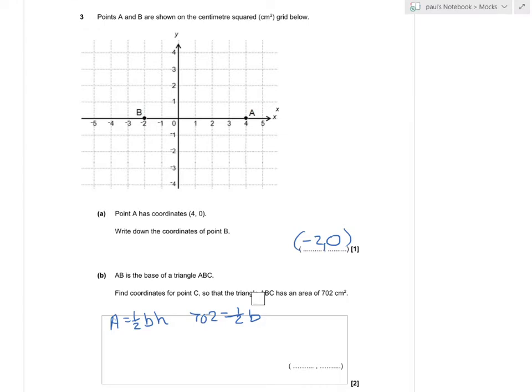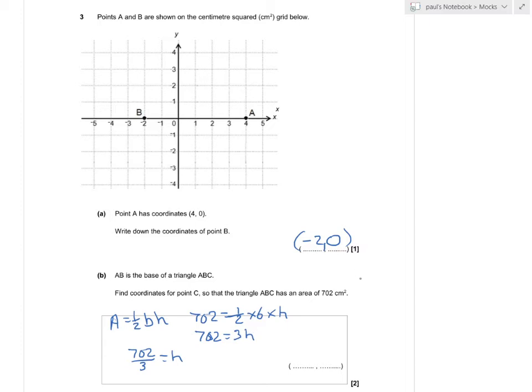The base is 1, 2, 3, 4, 5, 6, half times 6 times the height. Right, half of 6 is 3, so 702 equals 3 times the height, so 702 divided by 3 will equal the height. That seems big.